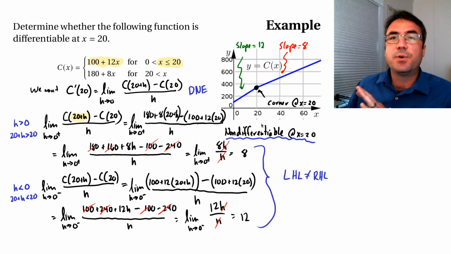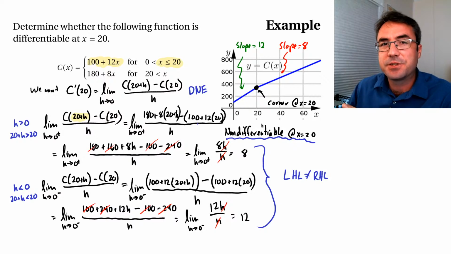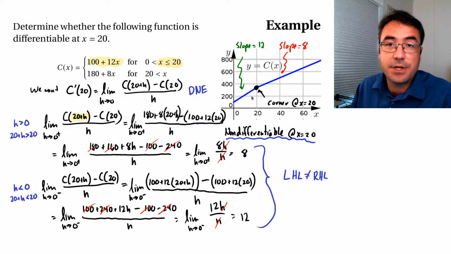So this example, let's just keep looking at this graph for just a second. The function is continuous. So if we were to trace over this graph, we could trace over it without ever taking our pen off the page. So it is continuous, and particularly it's continuous at x equals 20, but we just showed that it's non-differentiable there.